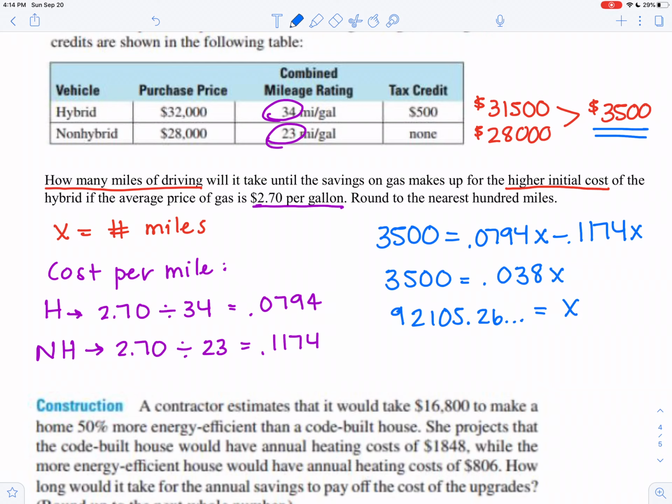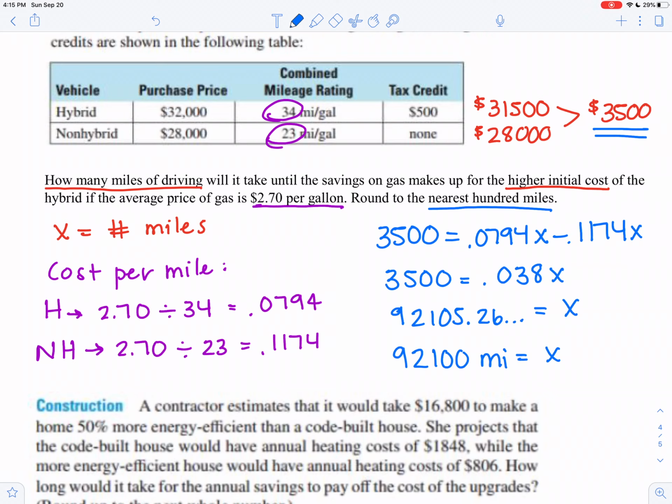I'm asked to round to the nearest 100 miles, so I'm going to report my answer here, rounded to the nearest 100, as 92,100 miles.